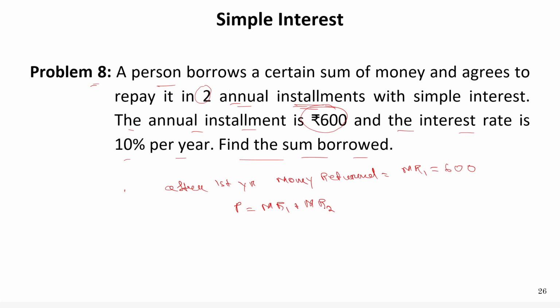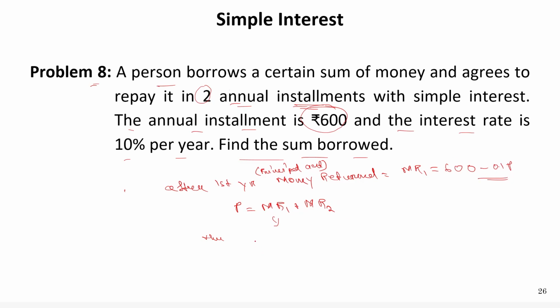It was the money returned after the second year, the second installment. Let MR1 be the principal amount that was returned, equal to 600. So it will be 600 minus 0.1p, because the annual interest rate is 10%, right?